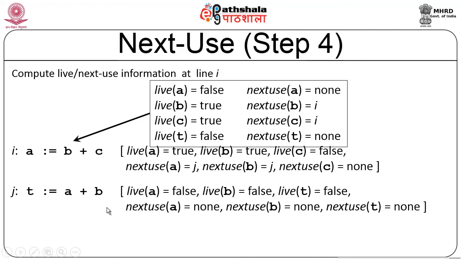So, it does a backward scan from the last line towards the first line and you will assign to it, it is a two-step procedure. First one is attaching current information directly to all the variables, and then second step will be LHS variable is said to have no life and no next use. RHS variables are said to have liveness and next use will be at the corresponding line number which you are encountering now, okay.